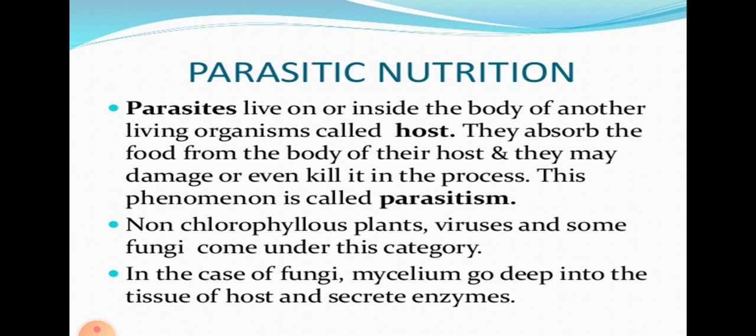For example, which plant? Guess which plant? Cuscuta, or you say it is called Amar Bel in Hindi. Cuscuta plant doesn't have chlorophyll, and this plant has a yellow tubular structure twining around the stem and branches of the tree.